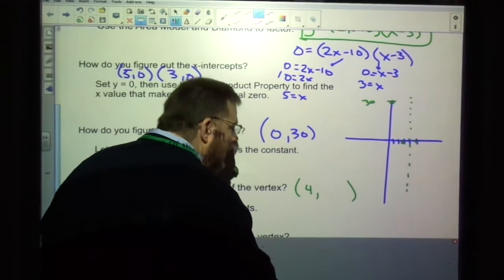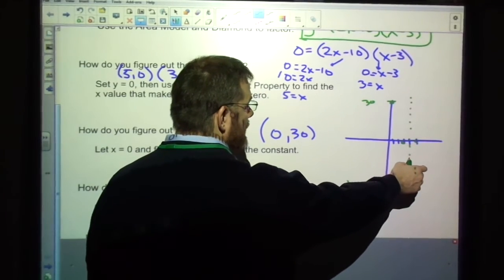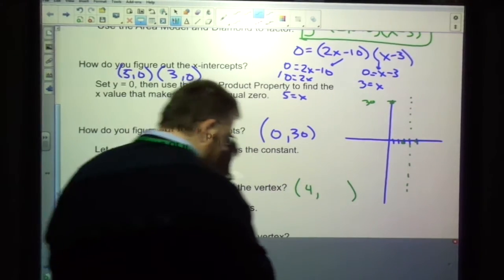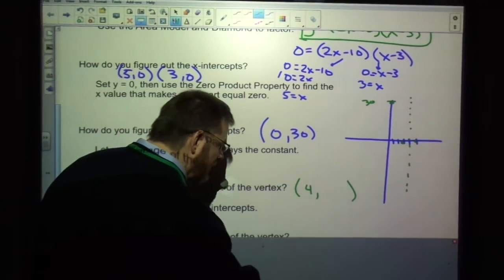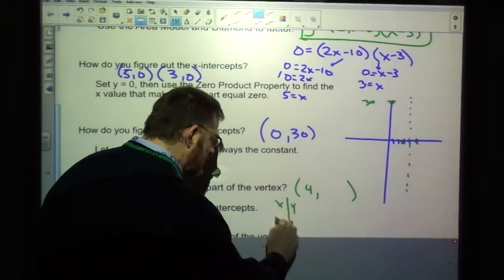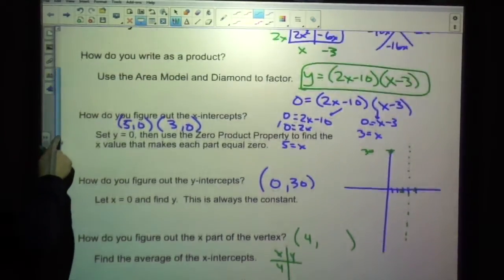Now I need to find the y part, because I don't know how high or how low this is. It looks like it might be right about here, but I'm not really sure. So the way to find that is, let's let x be 4. Basically, we'll make a little table and say, when x is 4, what is y? Let's go back up here to the start.